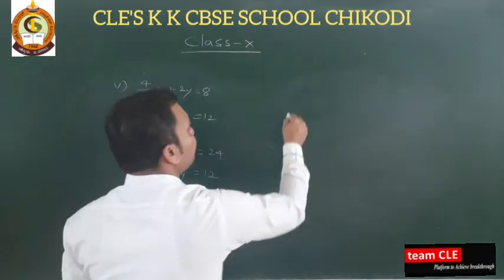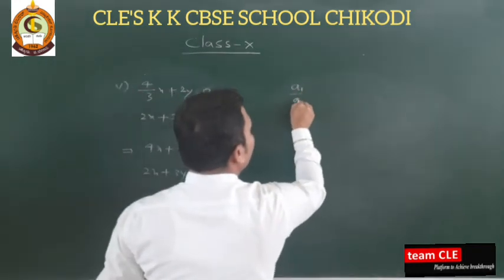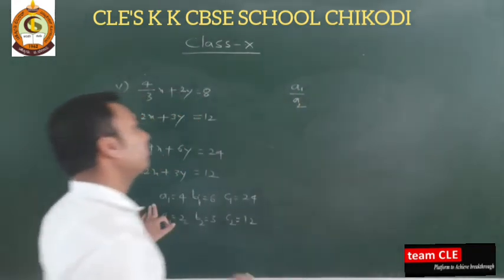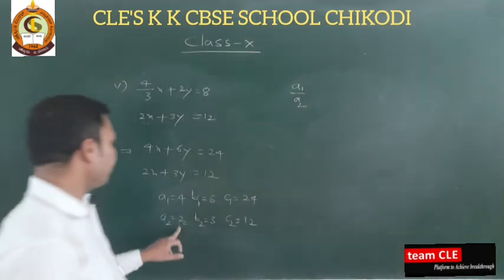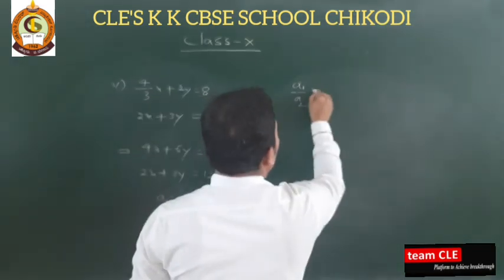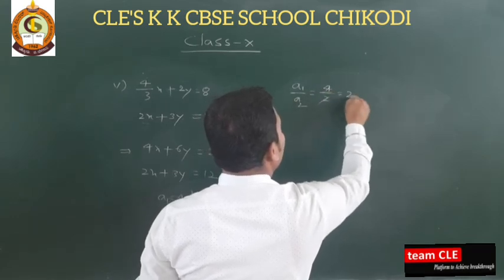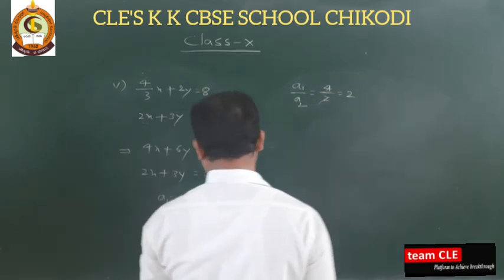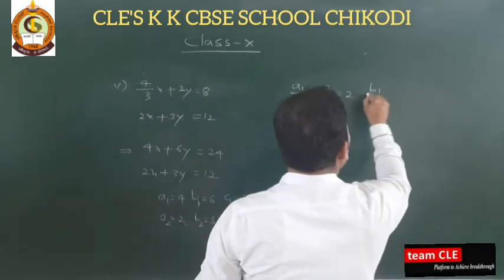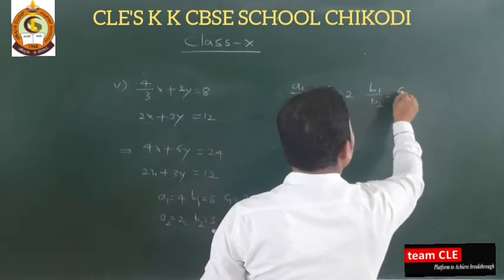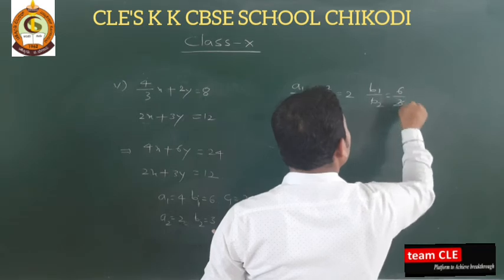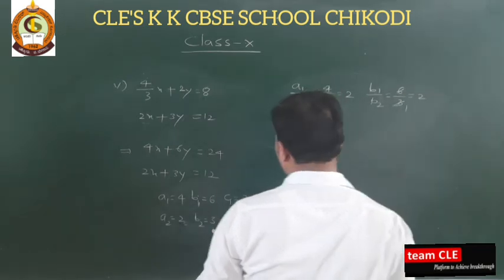Now we'll compare the ratios. A1 by A2: A1 is 4, A2 is 2, so 4 by 2 is 2. Next B1 by B2, 6 by 3, so 3 twos are 6, again we will get 2.